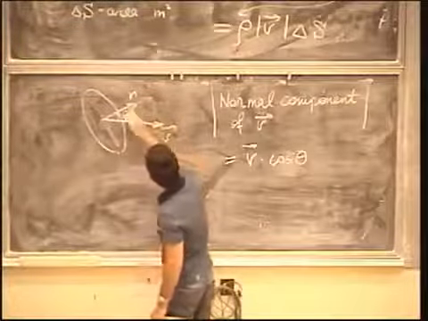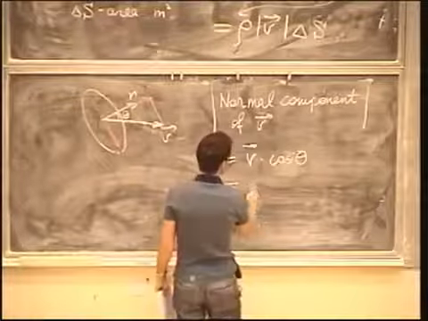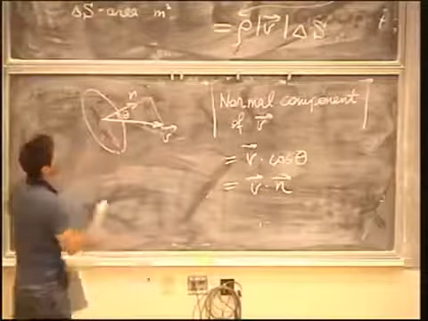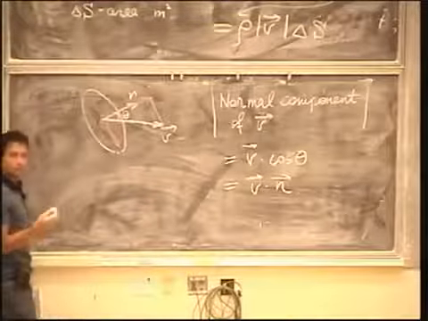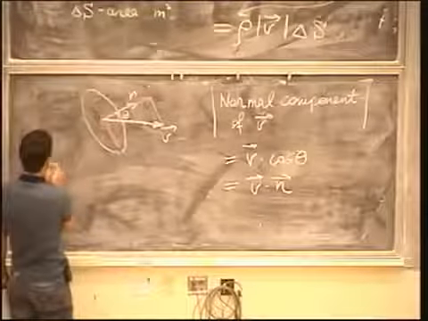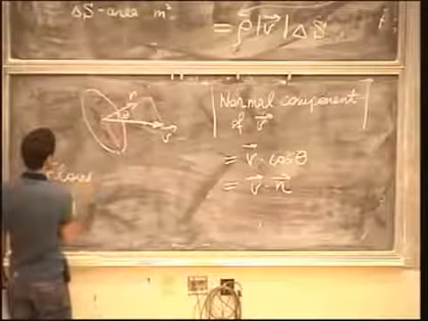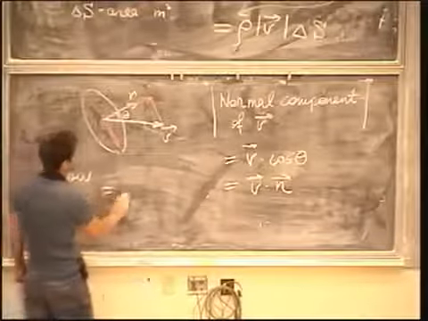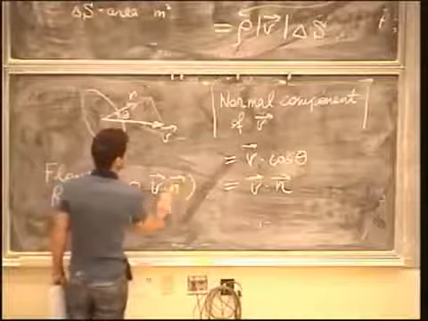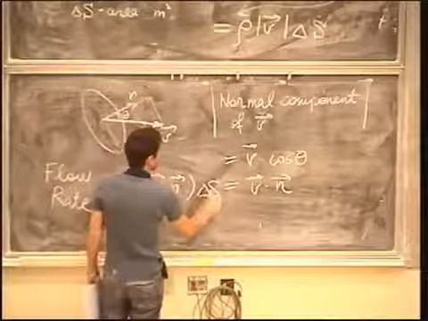That's this normal component, and that's just V dot n. So my more general formula is going to be like this: the flow rate is going to be rho times V dot n times delta S.